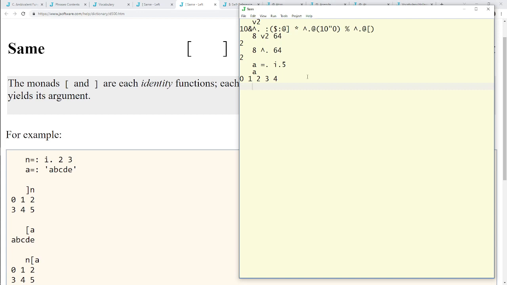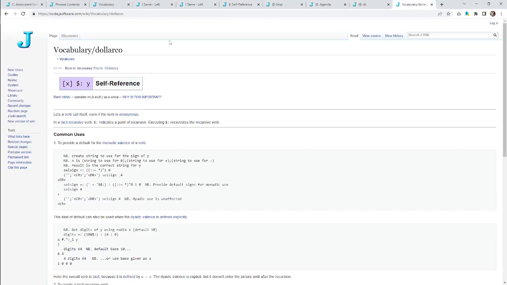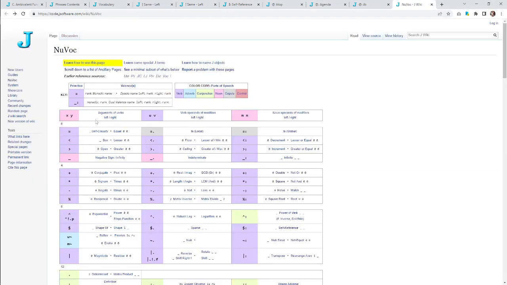There's A. So if I say square bracket A, that's just the identity. And if I say the other square bracket A, it's still just the identity. But if I said 0 square bracket A, I would get 0. Like 0 right bracket. Oh, you know what? That's why we should see what these things are called. That was the whole idea of this. So let's see what they call this thing.